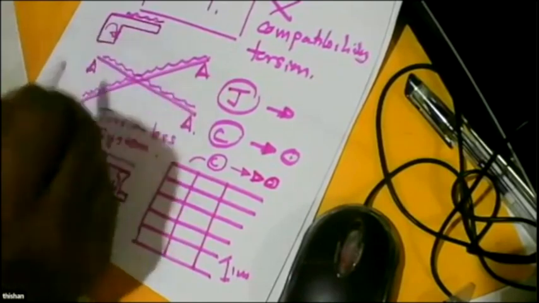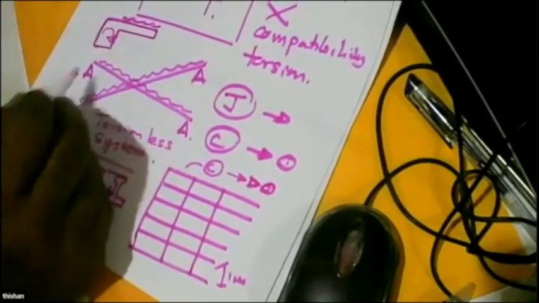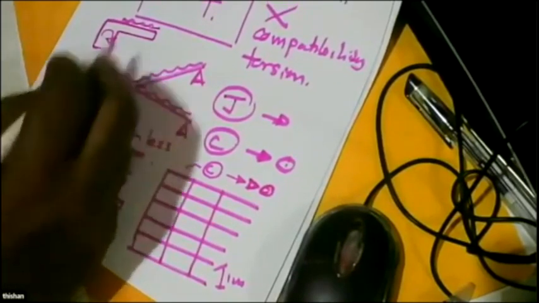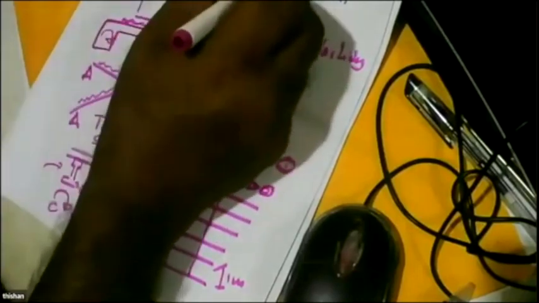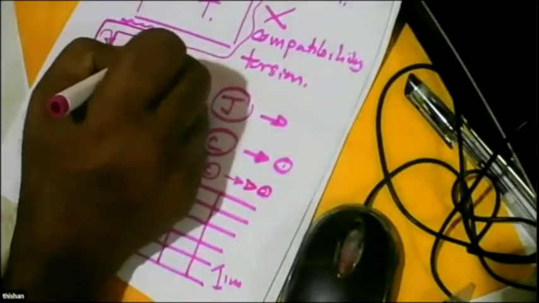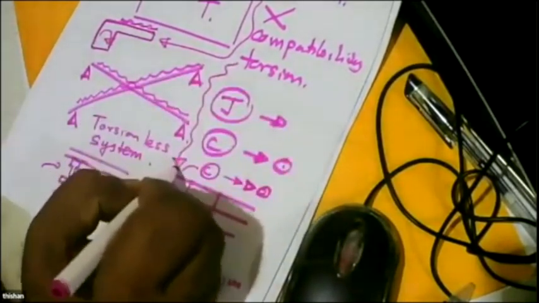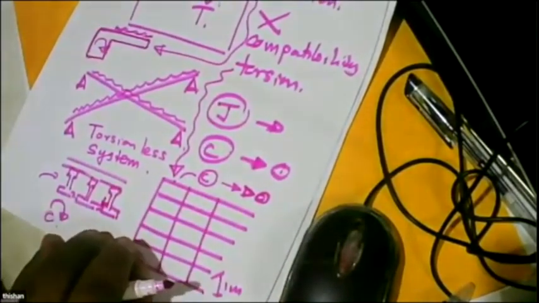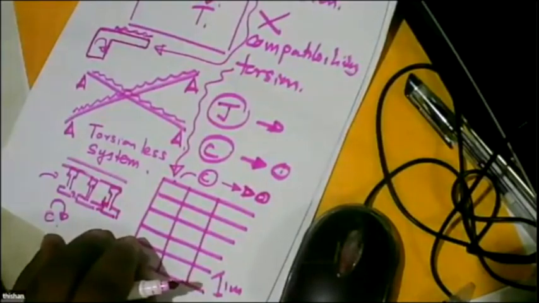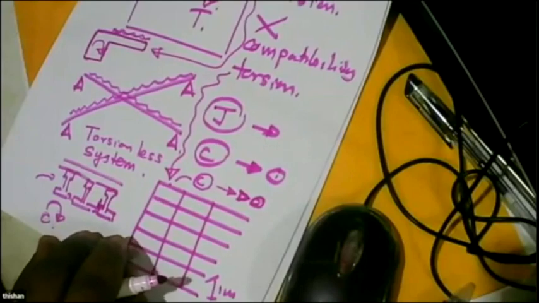So the beam is subject to torsion, and there's nobody to balance it. So this is equilibrium torsion, and this is compatibility torsion. So you have to be a little concerned and see whether you have equilibrium torsion or compatibility torsion.